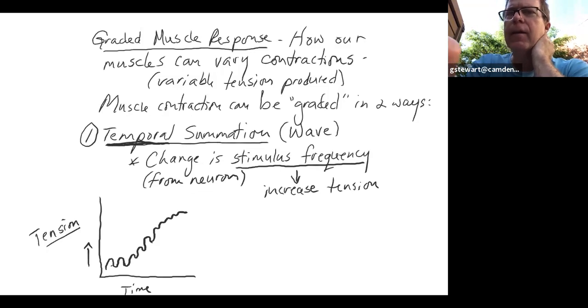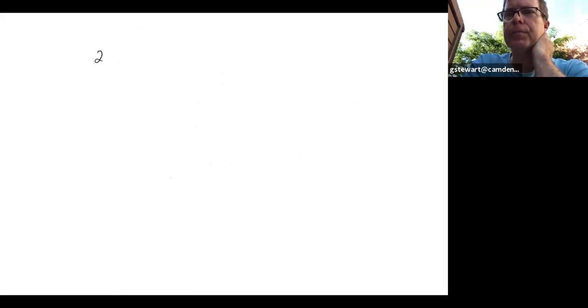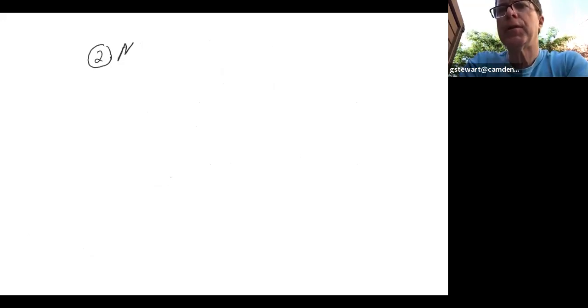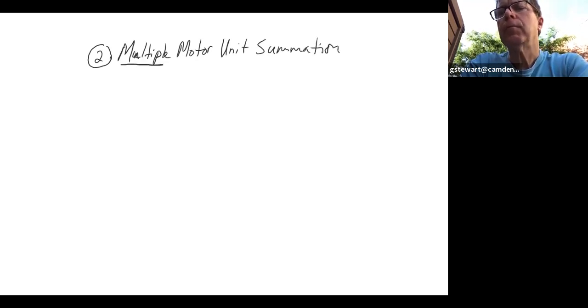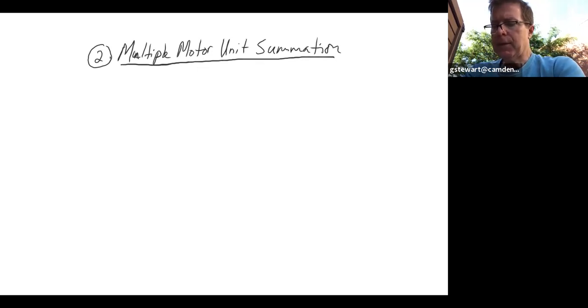The second way that a muscle contraction can be graded, I'm going to go to a new page here, is called multiple motor unit summation. That's a U. This is basically a change in stimulus strength.